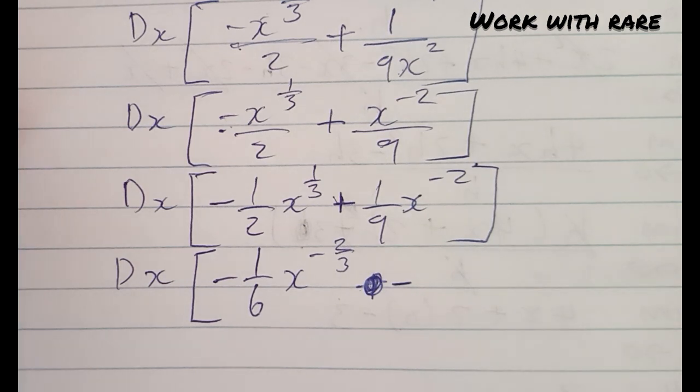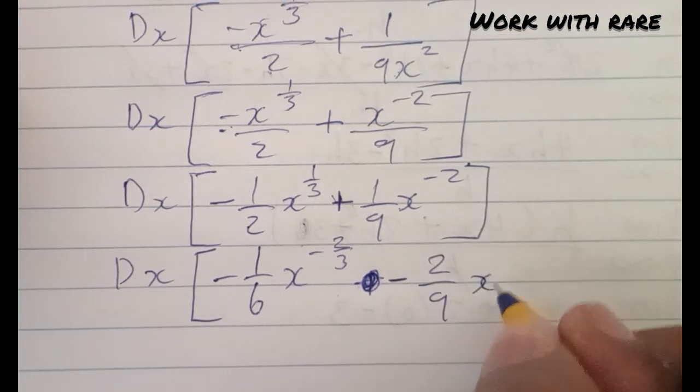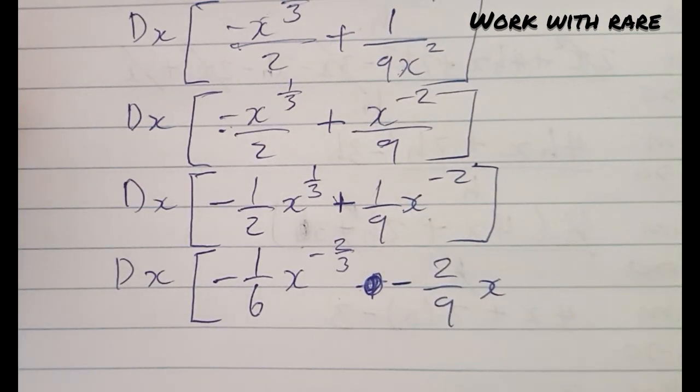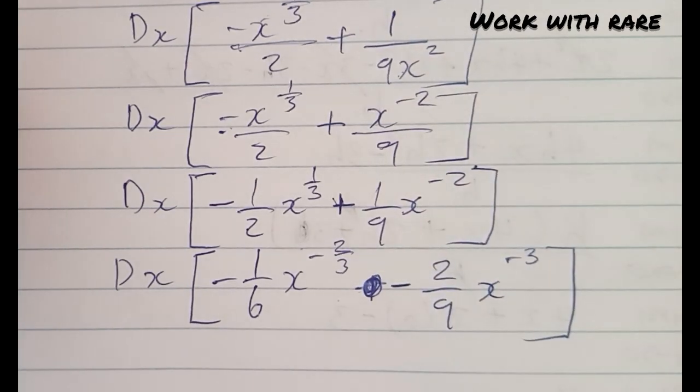Now I will say 1 over 9 multiplied by negative 2, because our exponent is negative, which is negative 2 over 9 x. And for my exponent, I will say negative 2 minus 1, which is negative 3. Then I don't forget my brackets.